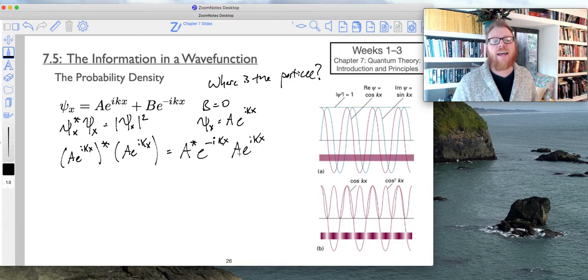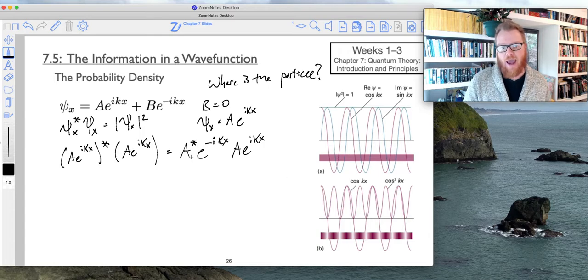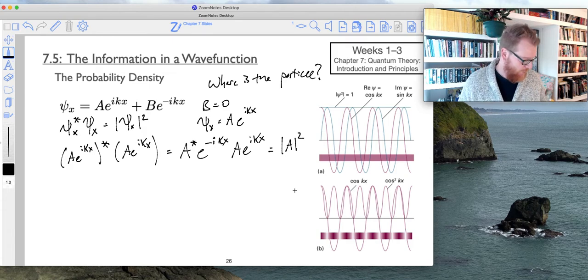Well, e to the negative i k x times e to the i k x is 1. And we know that A is a constant. So this just turns out to be A star A, which I will just write as the square modulus of A.